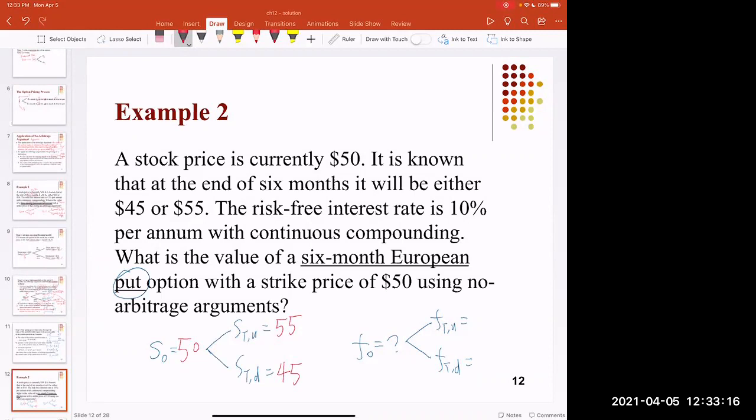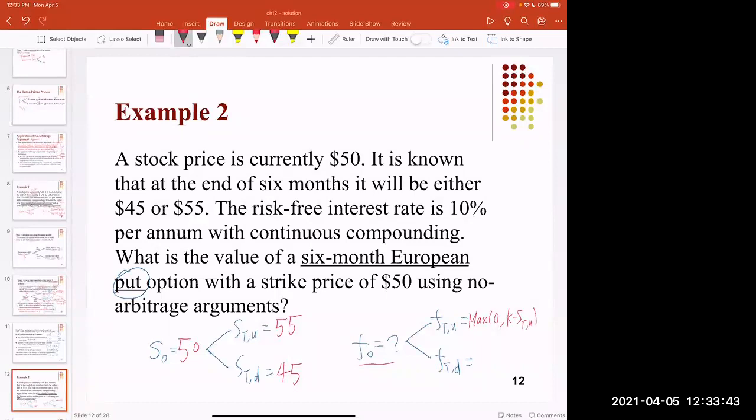And then we're going to figure out the binomial tree for the option. Option price today, we don't know. That's our question. What we can figure out is, at the expiration day, what the option value would be. Since this is a put, our formula would be the maximum value between 0 and K minus ST, right? You don't need to memorize the formula.